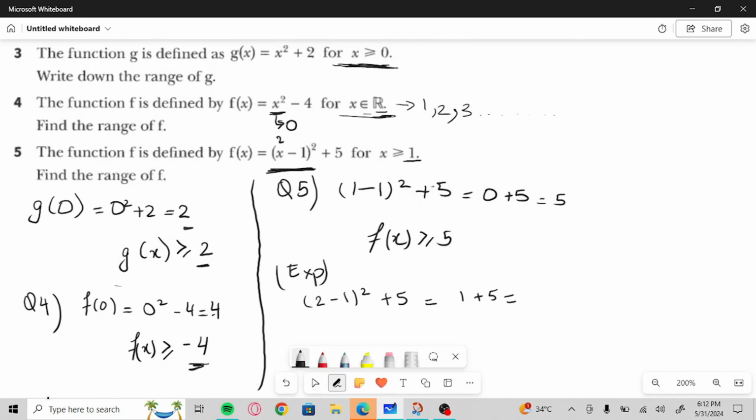So this will be 6. Again, 6 is greater than 5. So this explains that the minimum value we can get out of this is when we input 1. So it basically is a test of your common sense. If you are practicing maths and you are familiar with these questions, you won't be confused when you encounter them.